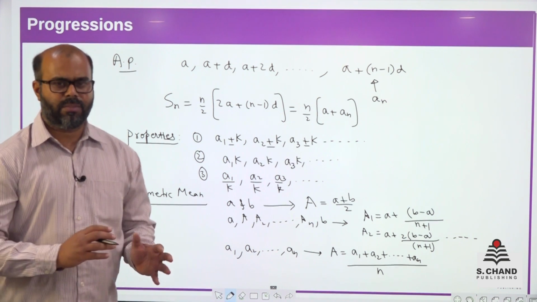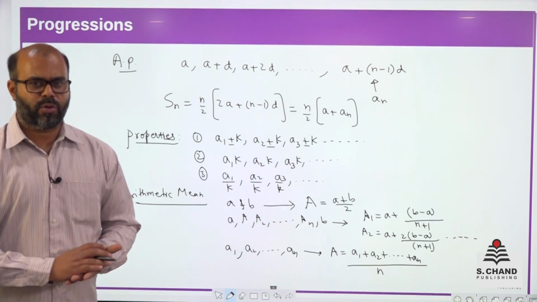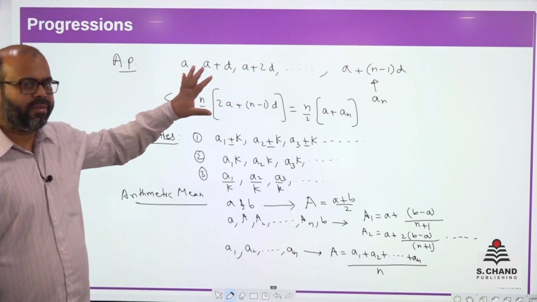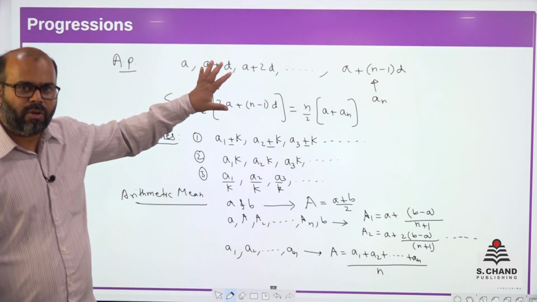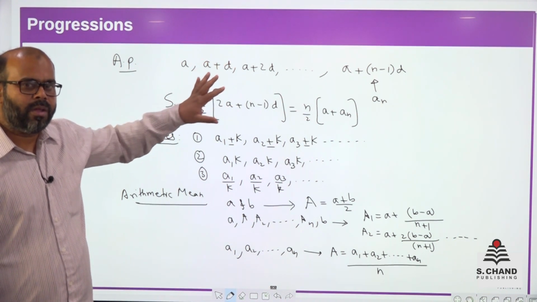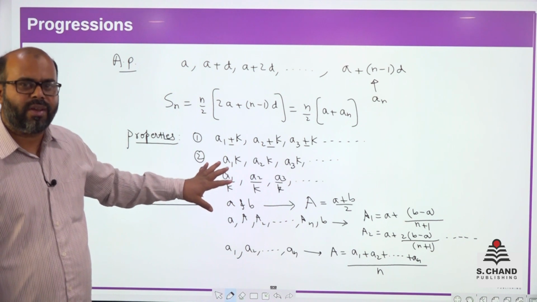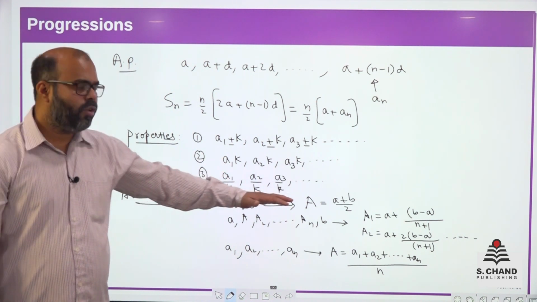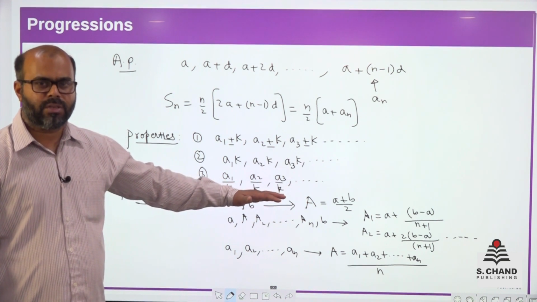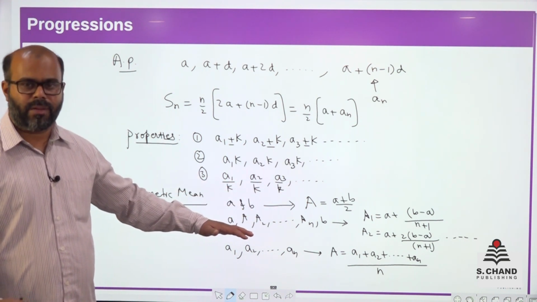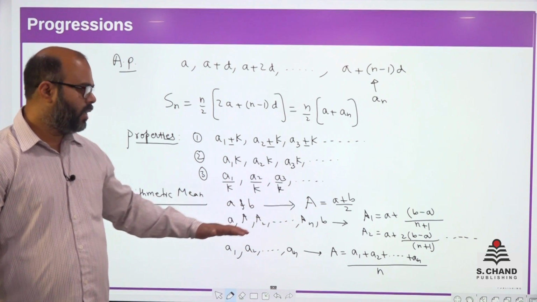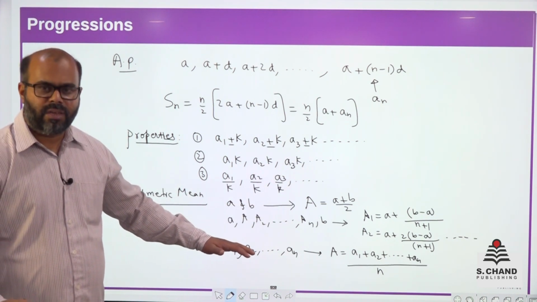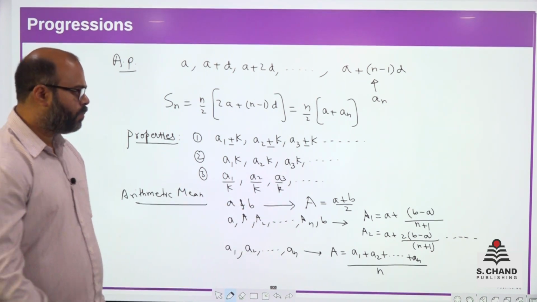So these are some of the basic recaps of arithmetic progression: first its definition, its sum of n terms, nth term, then properties, then arithmetic means. Arithmetic means are of three types. First, the arithmetic mean between two numbers. Second, n arithmetic means between two numbers. Third, if n numbers are given, find the arithmetic mean.